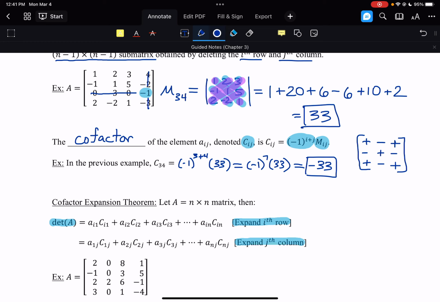So, in other words, if we want to find the determinant of a matrix of any size, this method will work for matrices of any size.